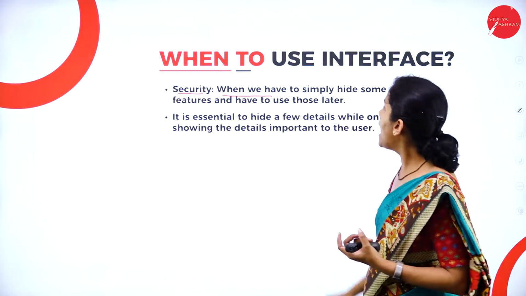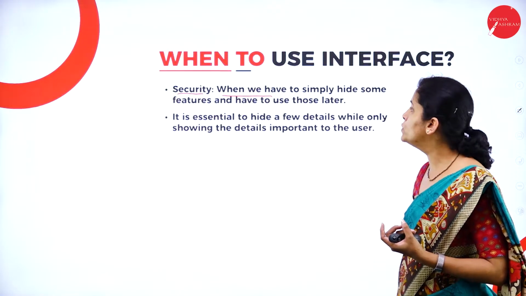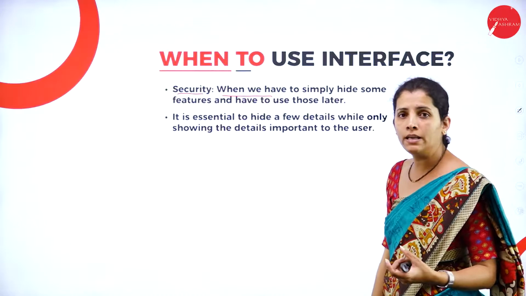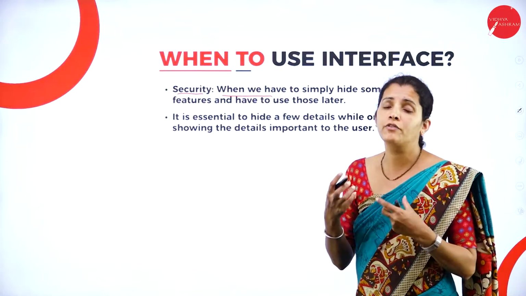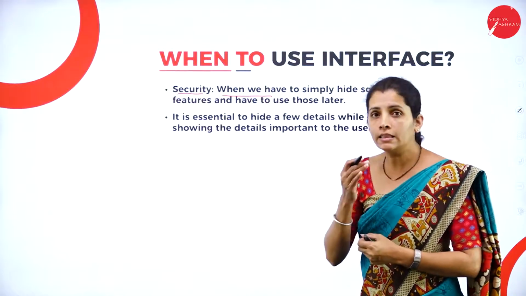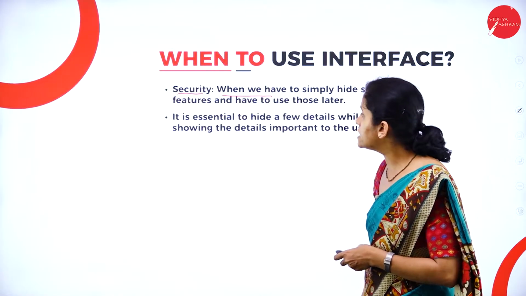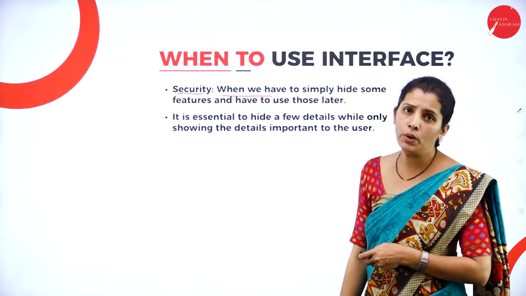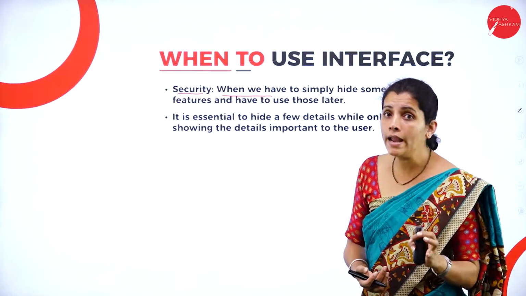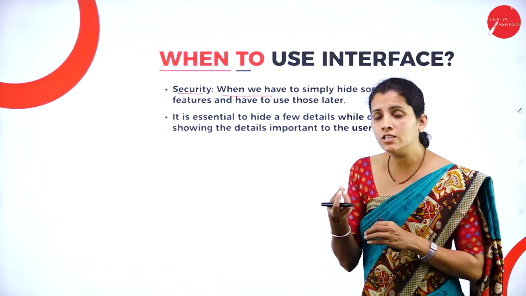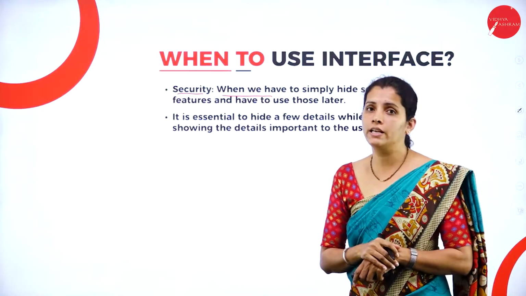When we have to simply hide some features and use those later, that means I want to hide some important features from all the others, at that time I can use an interface, and it is essential to hide a few details. Suppose I want to hide some important features from external use, then I can use an interface.